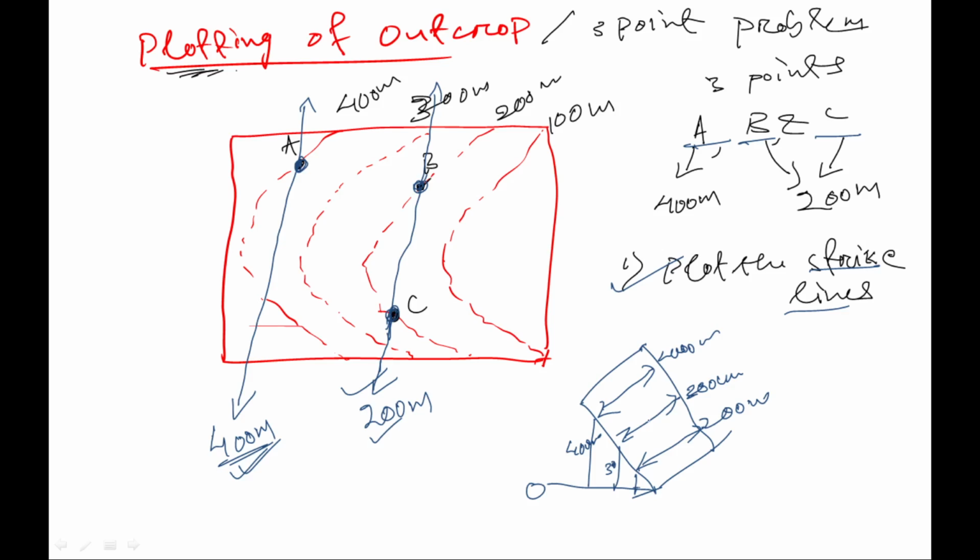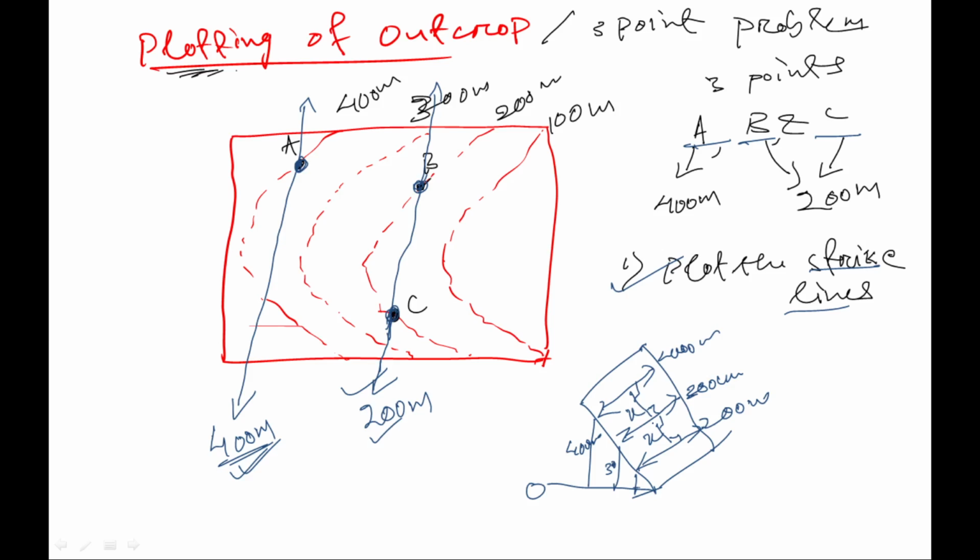as well as the perpendicular distance between them remains the same or similar, right? The perpendicular distance between these two strike lines, between 400 and 300, if it is x, it will also be x, right?